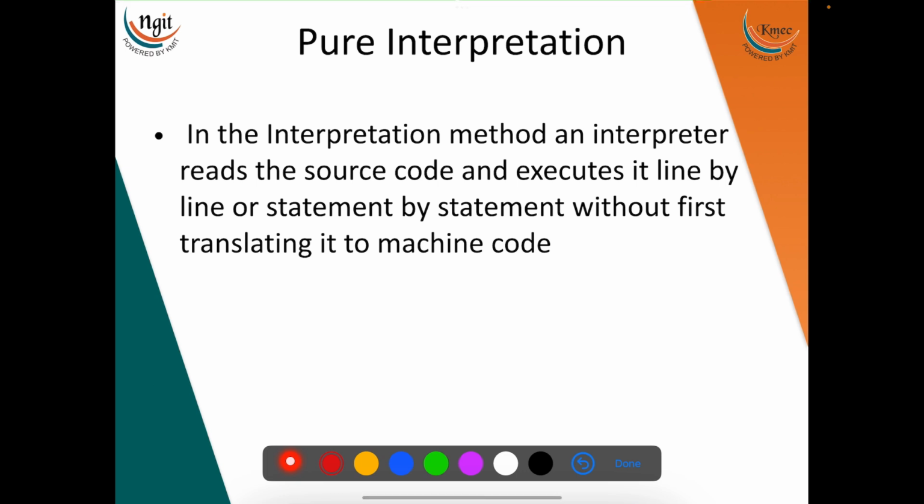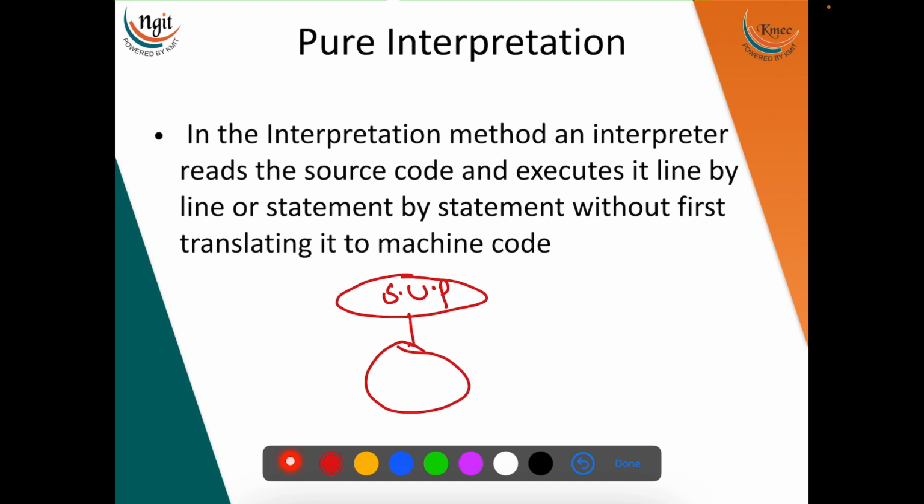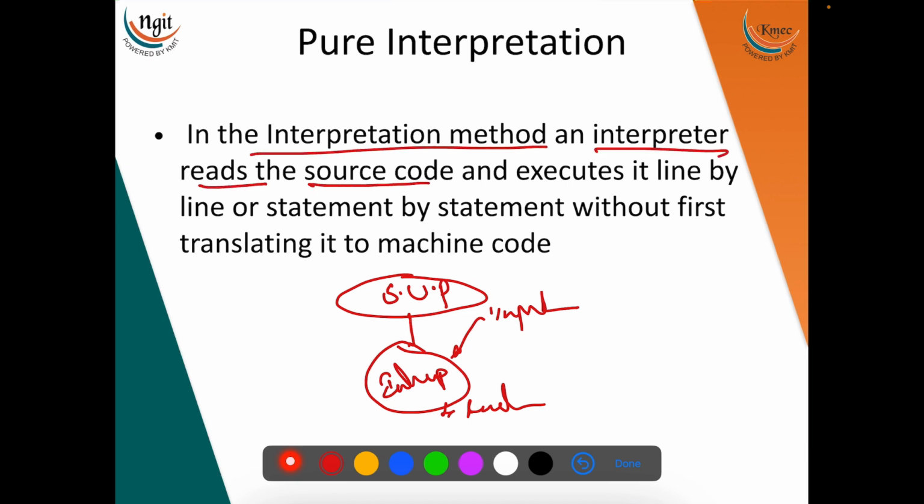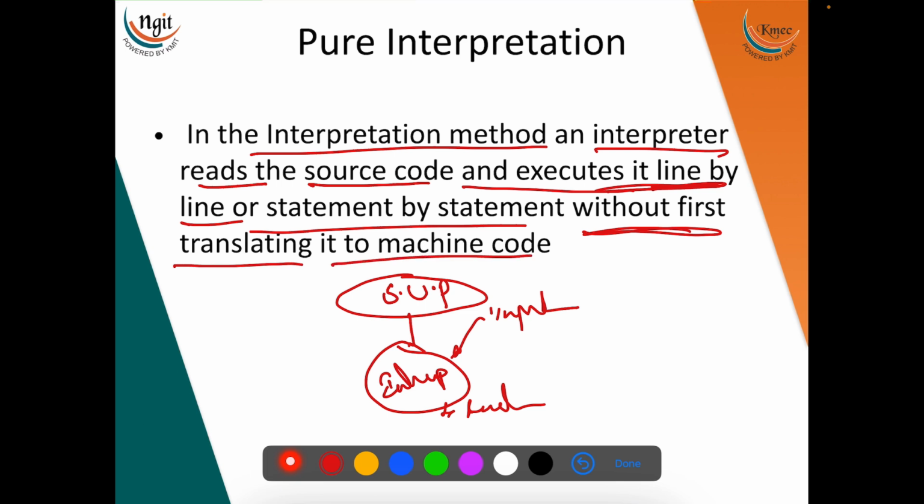Now I'll draw a diagram of how it does the implementation process. Let's assume that you wrote some source program. Now you don't have any other phases. We will have an interpreter, and we'll give some input data to get our code implemented, and we'll get some result. So this is pure interpretation. In the interpretation method, an interpreter reads the source code and executes it line by line or statement by statement without first translating into machine code.